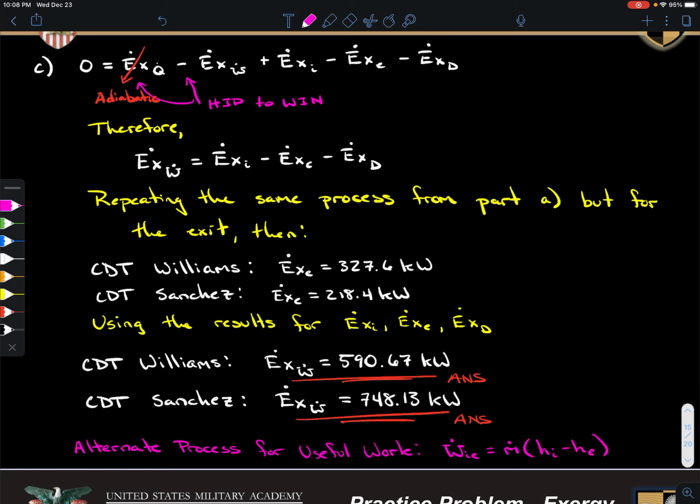Now, what you'll find is that you'll get results equivalent to this. But what the first law does not allow you to confirm is whether or not something is possible. Nor does it allow you to confirm, for instance, whether something is a perpetual motion machine, or the actual direction of a process.